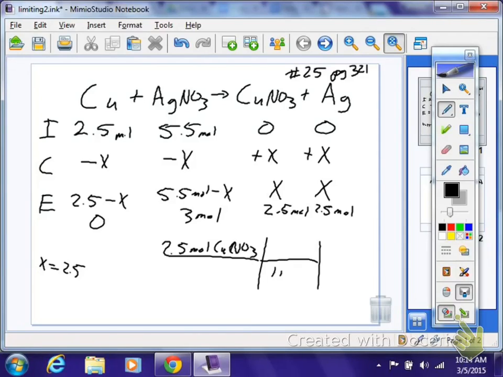So for every 1 mole of copper nitrate, you'd add everything up. So copper is 63.546, and nitrogen is 14.01, and oxygen, when you add everything up, is 48. So that's 125.56.